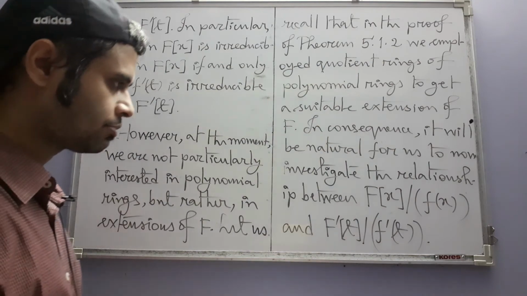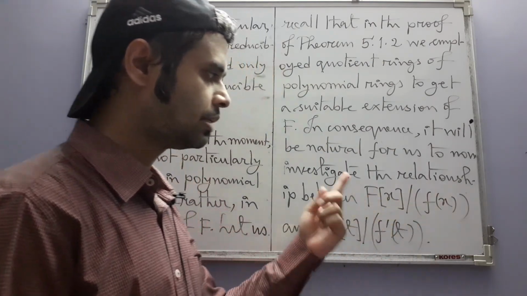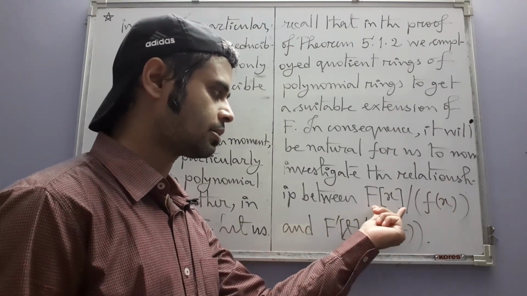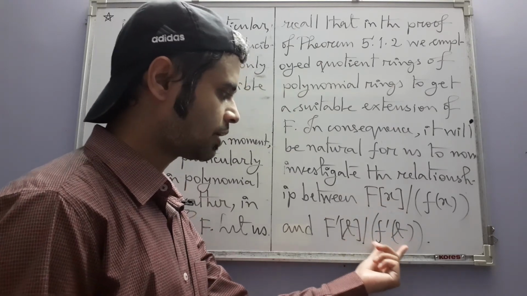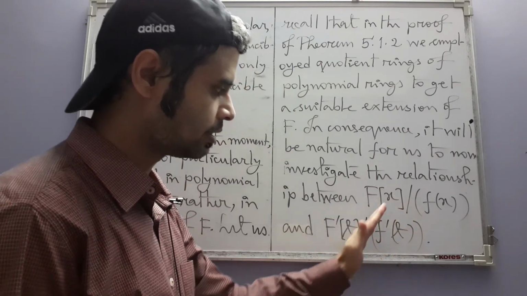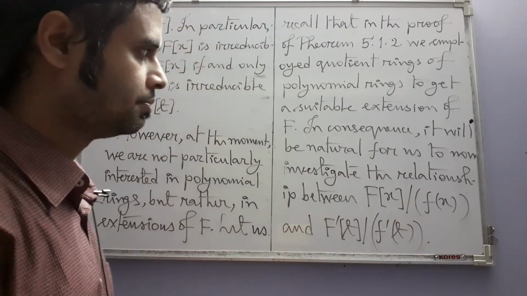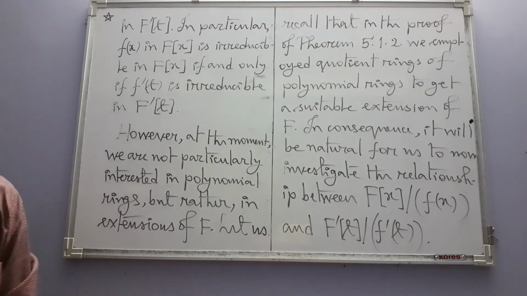You already know what these things are. This is the principal ideal generated by f(x), an ideal of the polynomial ring F[x], and this one is the principal ideal generated by f'(t) in the polynomial ring F'[t], and in this direction this is that next lemma.